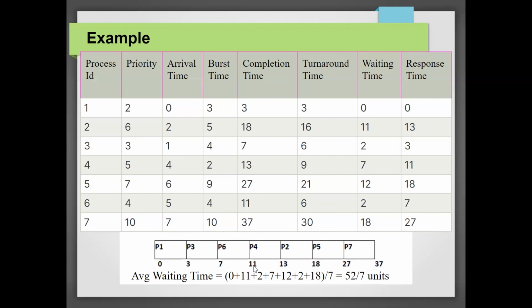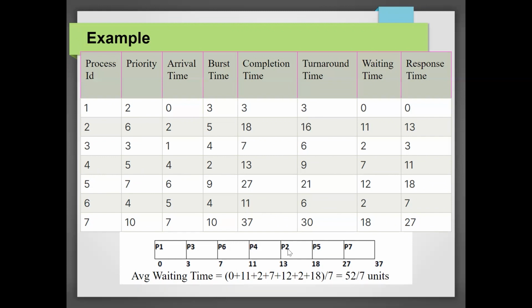Next, among P2, P4, P5, P7, I have to choose process P4, since process P4 has the highest priority among all the others. The burst time for process P4 is 2, so process P4 executes for 2 units of time. At time 13, process P4 completed execution.